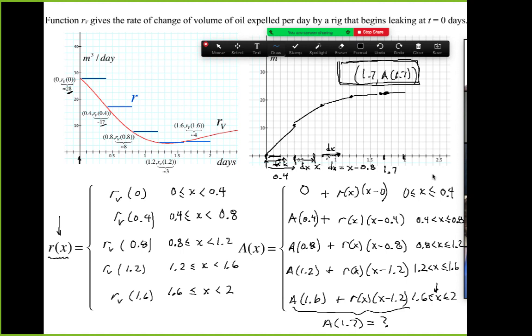Good or bad? Bad. Yeah, probably pretty bad. Why? Because it's based on this pretty bad rate function. Like by the time you get to 0.4 here, based on this rate, is this accumulation going to be really, really low, a little bit high, or really too high? This approximate amount of A of 0.4. How does that compare to what we'll call V of 0.4?